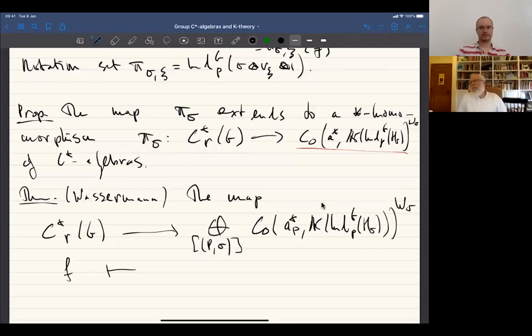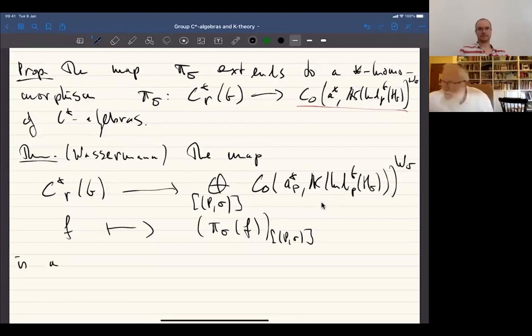It takes an F and it just sends it to pi sigma F, where you run over the whole index set.